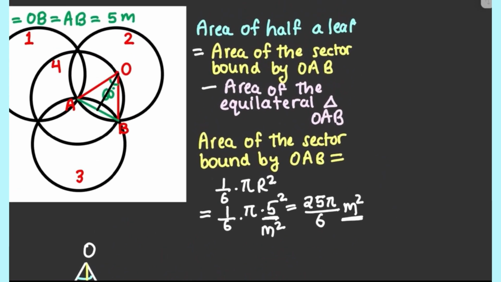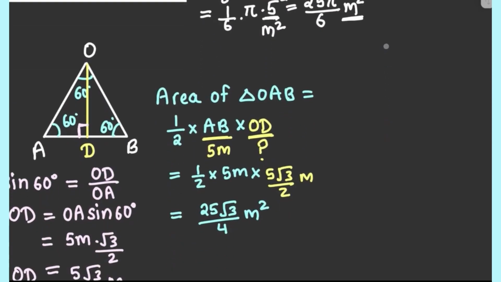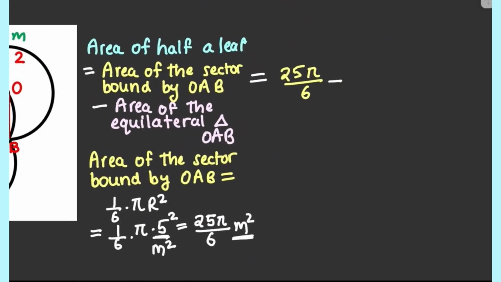Here we go. Area of the sector, that is equal to 25 pi divided by 6 meters square minus, what is the area of the equilateral triangle? It is 25 square root of 3 over 4. 25 square root of 3 divided by 4.